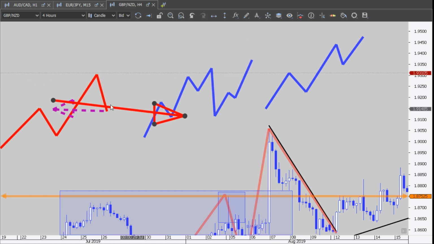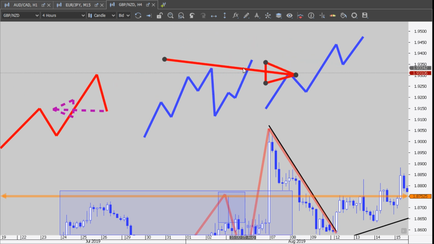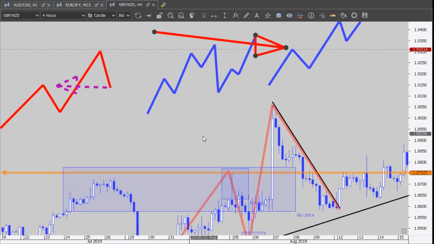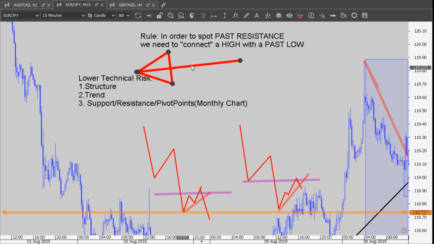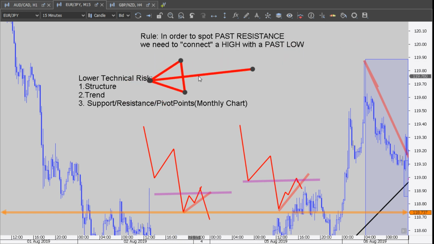Sometimes it's going to go through, like in this example, sometimes it's going to touch, sometimes it's not going to touch the support. Nonetheless, this knowledge is going to lower your technical risk.